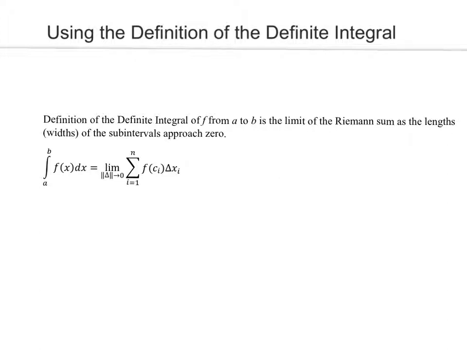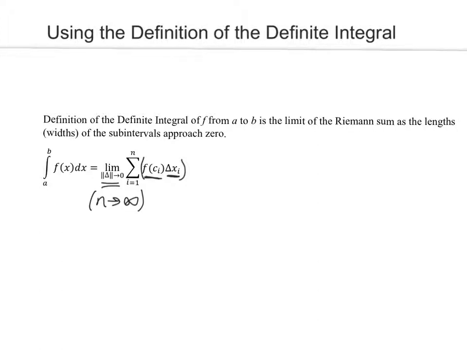Or in particular, the mesh approaching zero. As long as we keep our subintervals the same length, we can essentially look at the limit as n approaches infinity. And then each one of these terms we would consider as length times width of a certain rectangle.